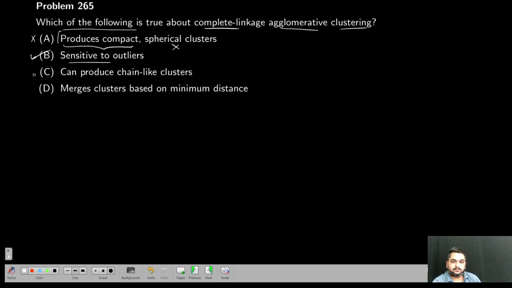Can produce chain-like clusters: this happens in single linkage. Merges clusters based on minimum distance: minimum distance is again single linkage.